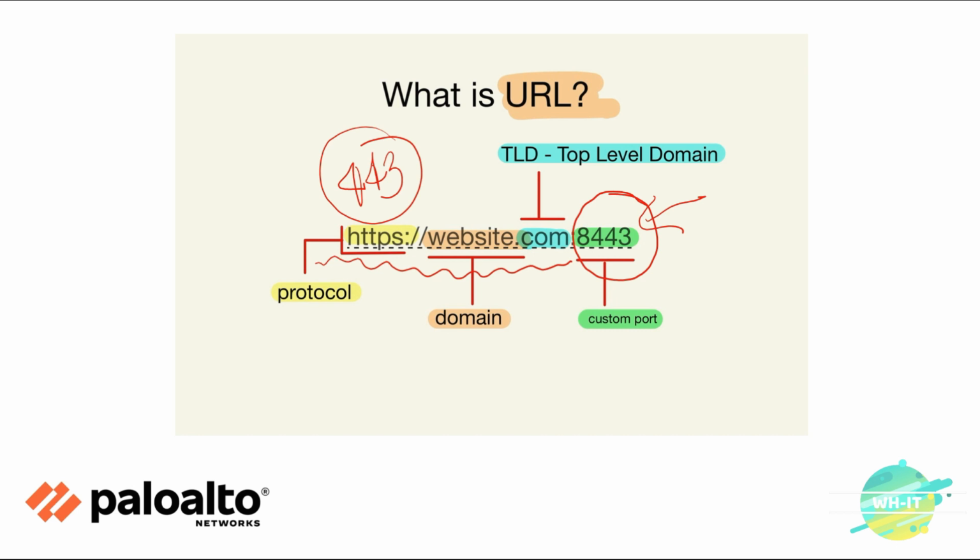So when you try to access this URL, it's not going to work, because you might think it should be working, but the Palo Alto Firewall is going to use this URL based upon the default port 443, so it's going to block this traffic. So when you try to allow a specific website and it includes a custom port, you need to include the URL with the custom port as well, otherwise that URL is not going to work.